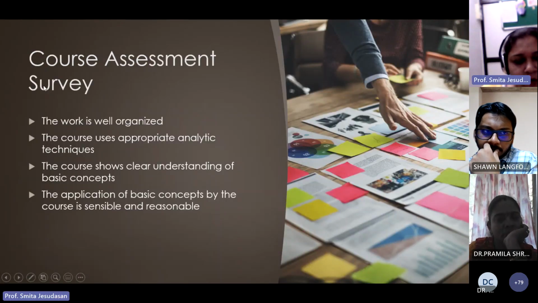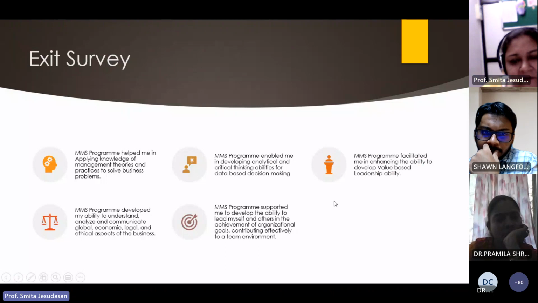If you take the course assessment survey, this is linked to the course outcomes. Once you give the questions, this is linked to the particular course. But once you take the exit survey, this is not linked to a particular course because this is done at the end of 4 semesters. So it is linked to the particular program.